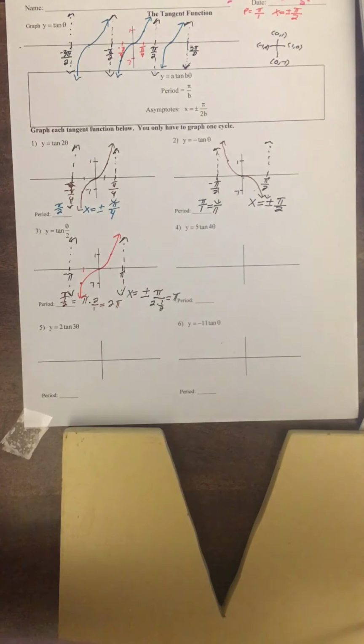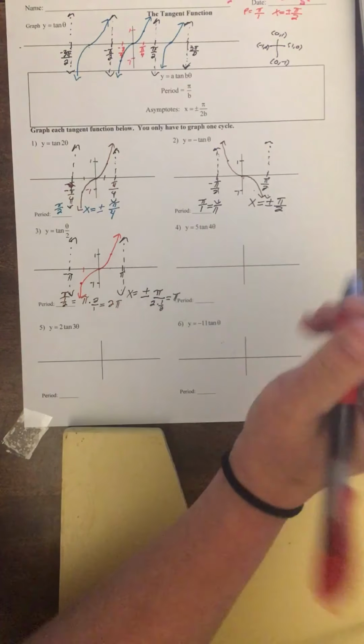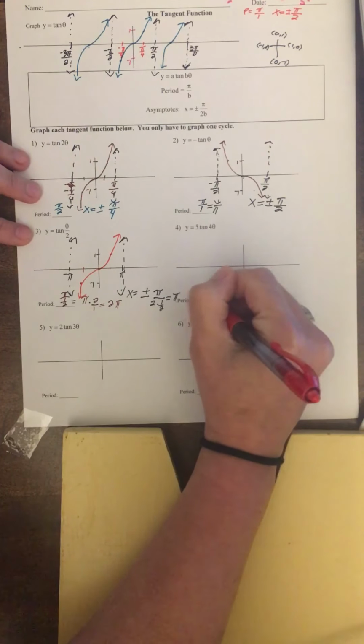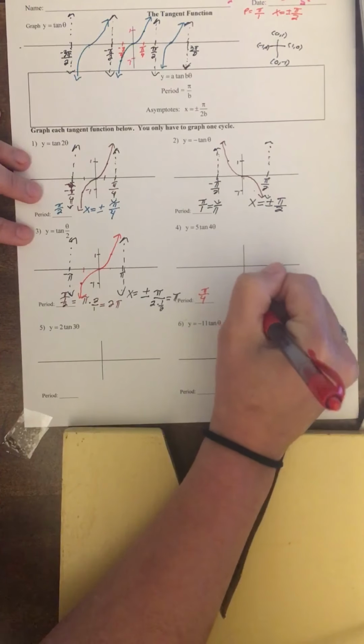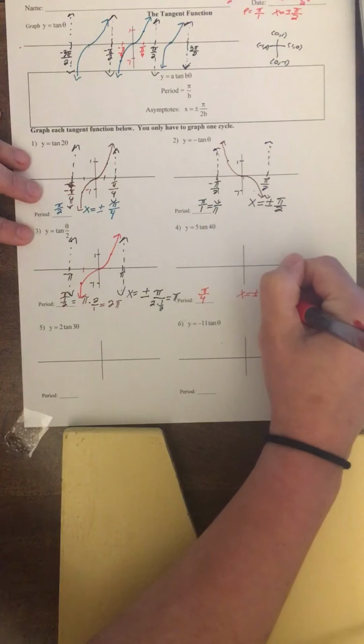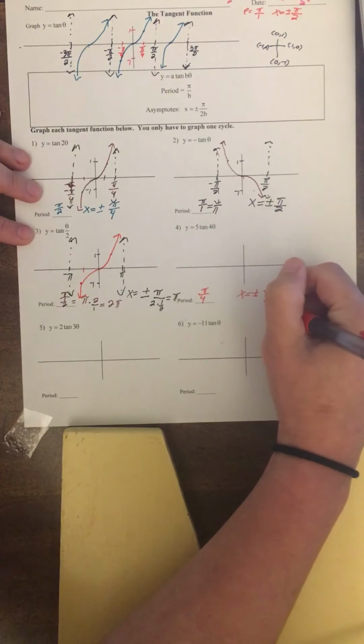Okay, so I guess I can do one more really fast. Our period here is pi over b, which is pi over 4, and our asymptotes are x equals plus or minus pi over 2b, and here b is 4, so that's pi over 8.